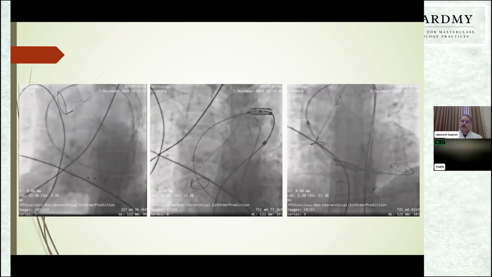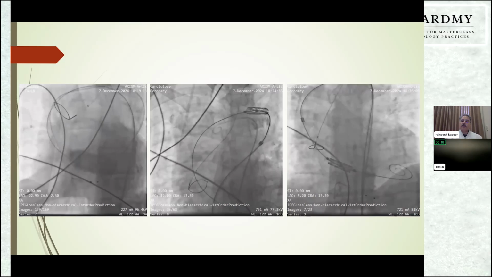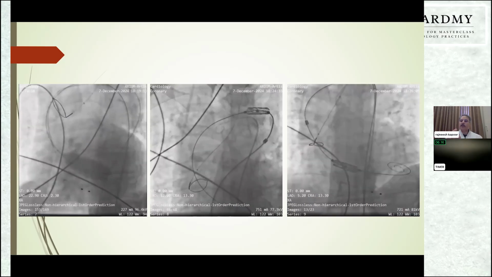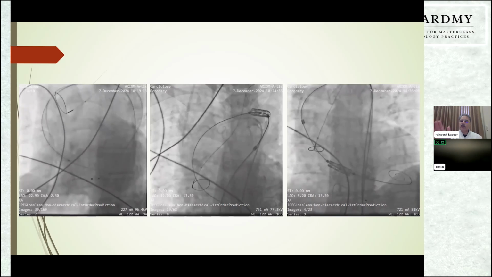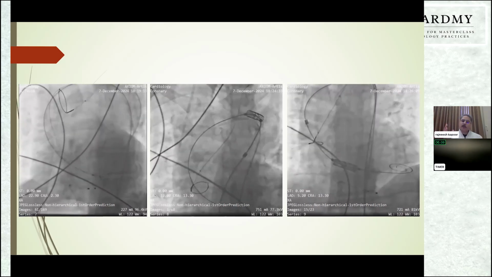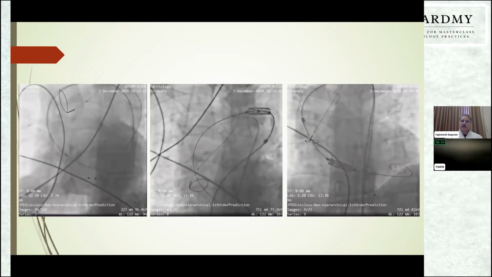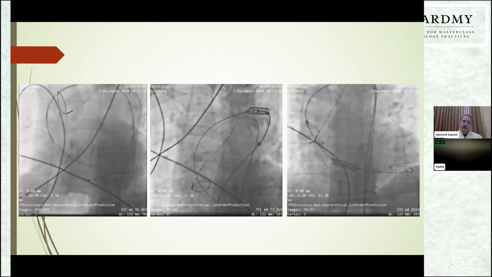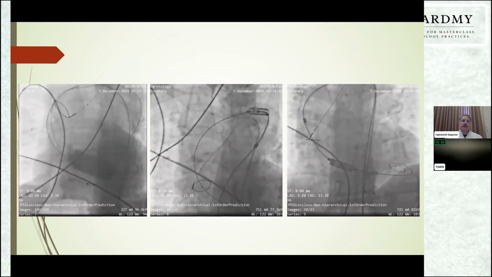This is the most difficult point in these anatomies. The valve is not entering because it is more towards the non-coronary cusp, not towards the aortic valve opening. In normal situations you keep trying, but if you push more, there is always a risk of a tear. So now look, the next video will show you how handy this snare is.